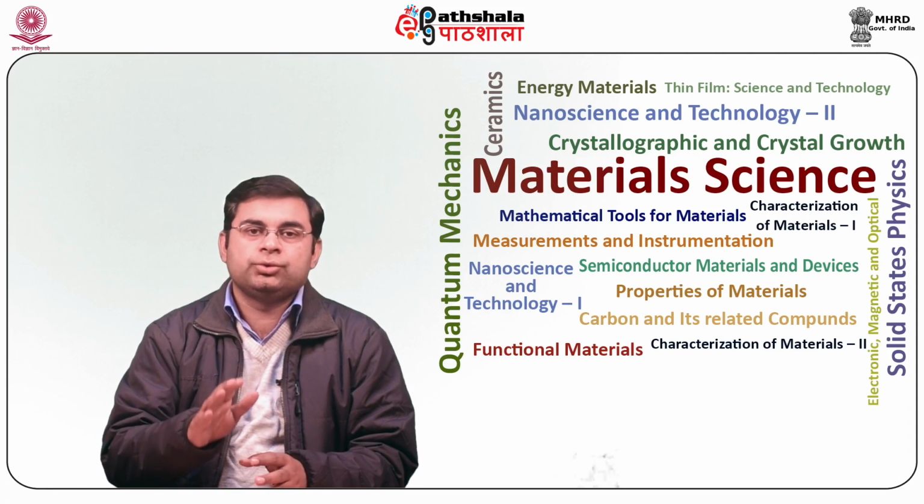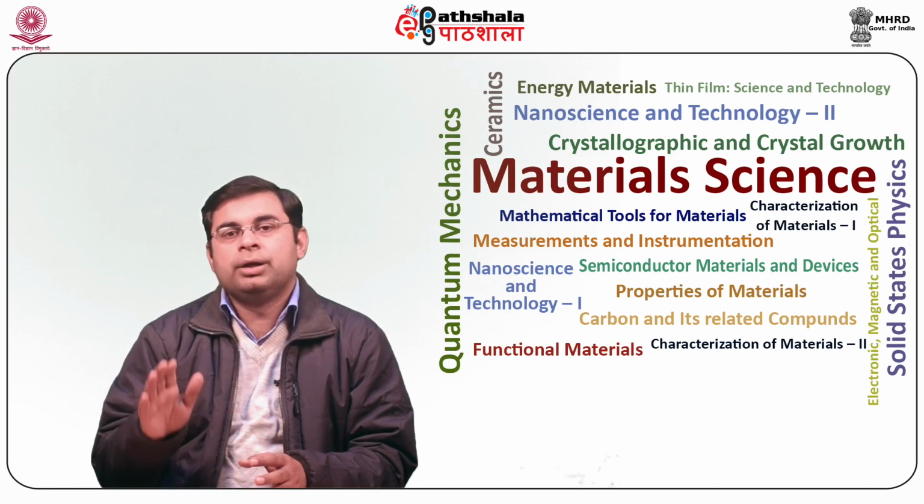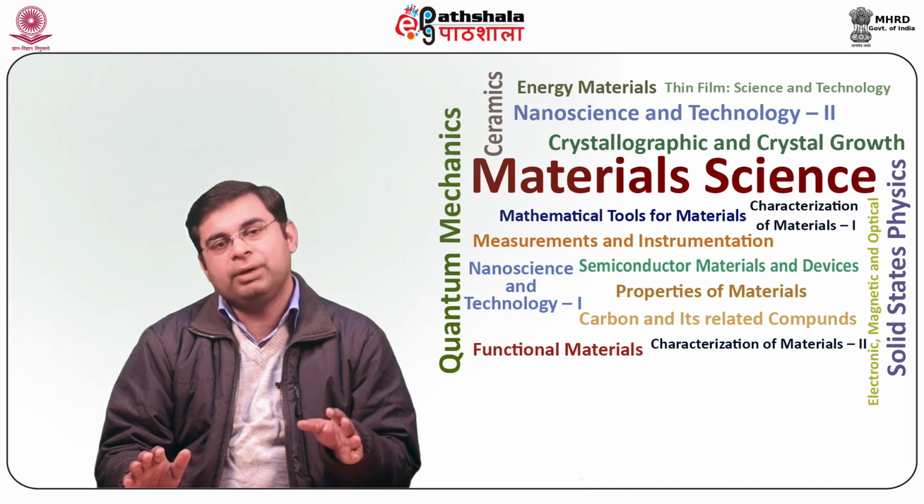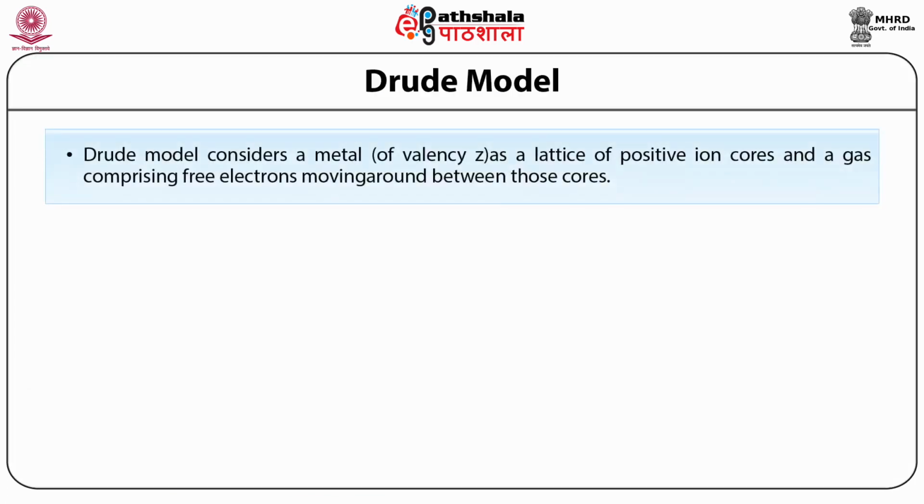This section shows how the Drude model describes the electrical resistivity of metals. The Drude model consists of a metal of valency Z as a lattice of positive ion cores and a gas comprising free electrons moving around those cores.